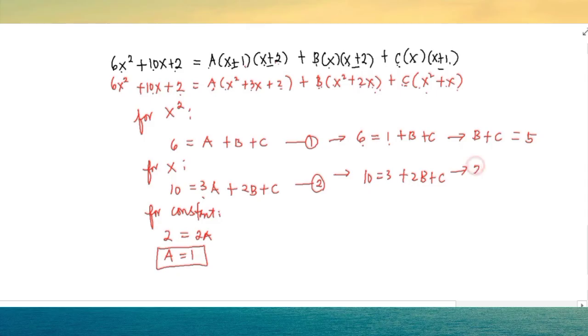And in here, we have 2b plus c is equal to 10 minus 3, so that's 7. So, we have here our equation 4 and equation 5. So, next thing na gagawin natin is to evaluate the equation 4 and 5.